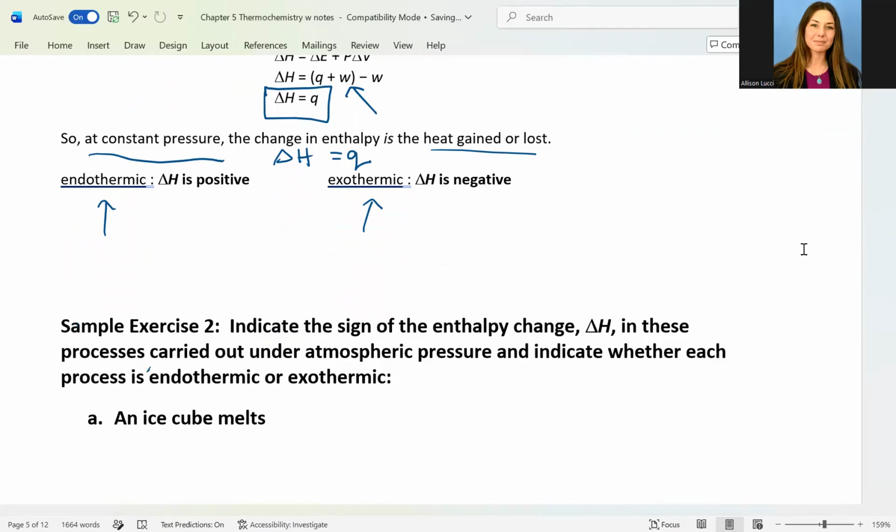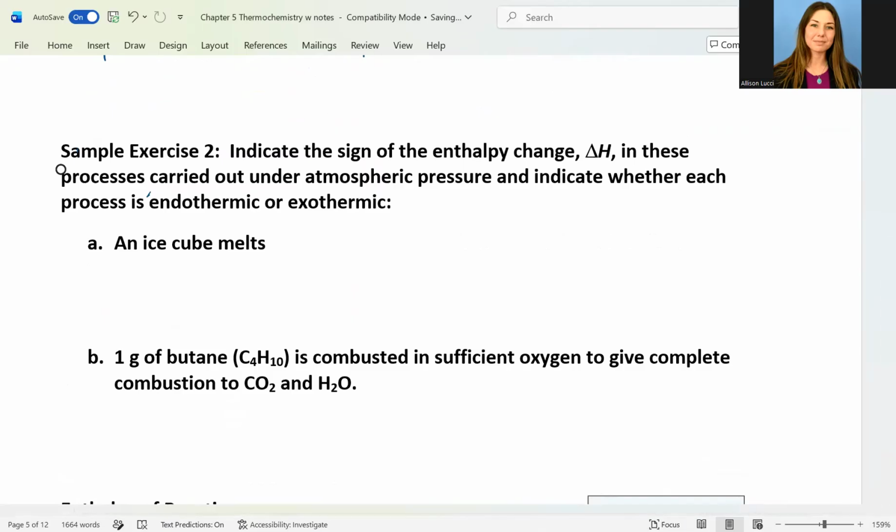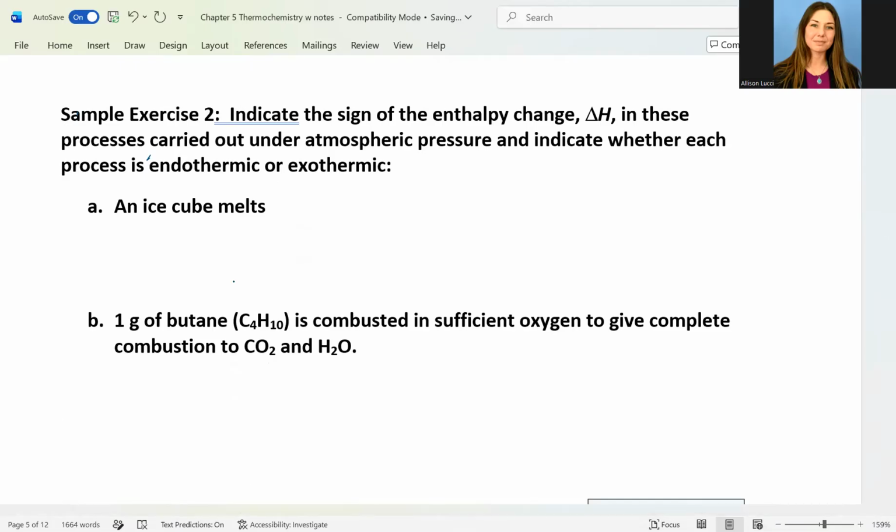So let's take a look at sample exercise 2 here and see if we can use our knowledge of enthalpy so far to indicate the signs of these enthalpy changes. So our answers are either going to be positive delta H or negative delta H, and then we're going to indicate whether these would be endothermic or exothermic processes.